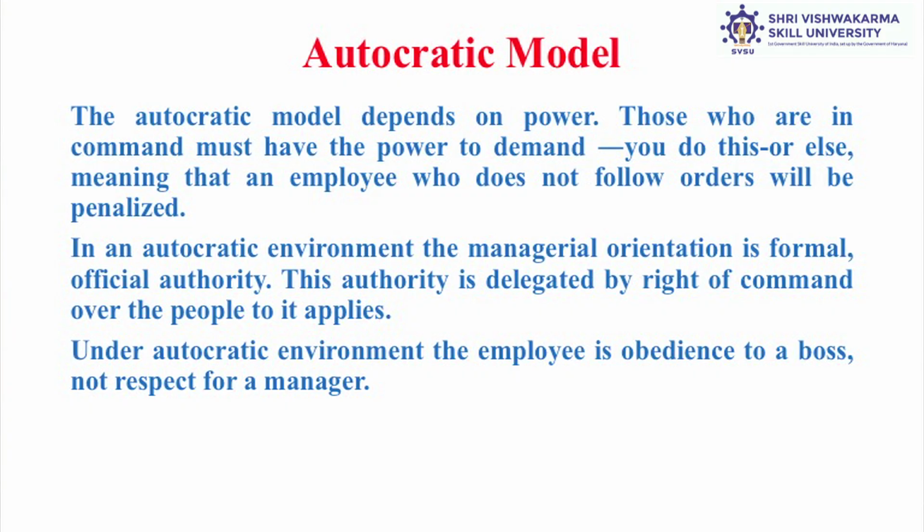These are the different models of organizational behavior. And among them, the Autocratic model: autocratic means the power exercised by the leaders, where there is no participation of the team.